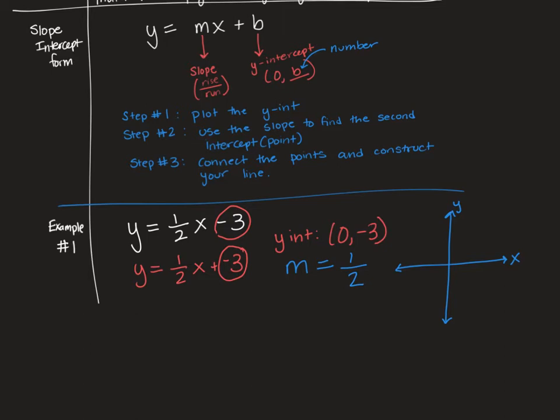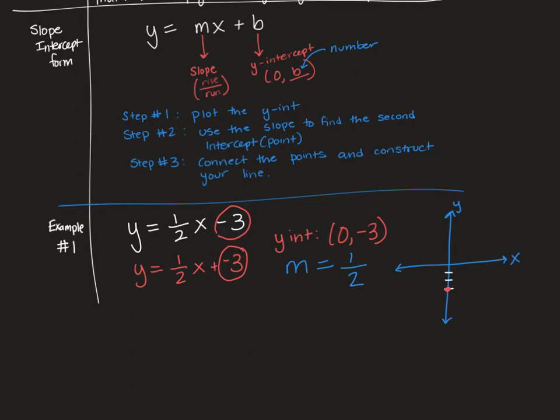Okay, so let's plot the y-intercept. The y-intercept is 0, negative 3. So here's the y-axis, and negative 3 is around here. I'm going to draw it: negative 1, negative 2, negative 3. Now I'm going to put a red point there. Perfect.